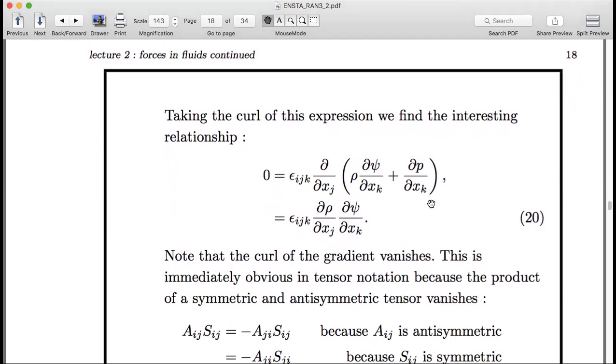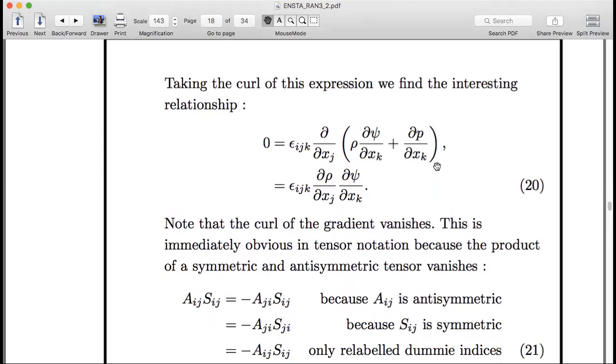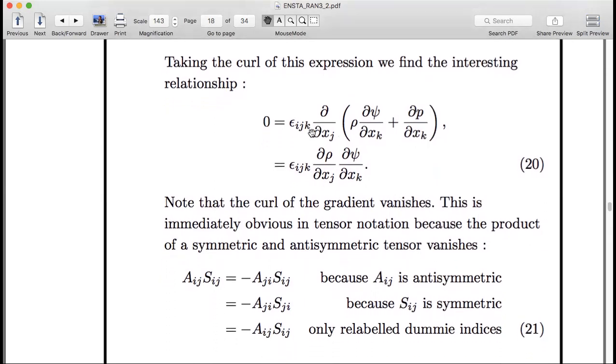Now, if you've studied vector calculus, you might remember notions like the curl of the gradient vanishes. The one thing I like about this tensor notation is that it doesn't become some sort of identity you have to remember. It just becomes something that is clear from the equations here, or from the properties of the alternating tensor.